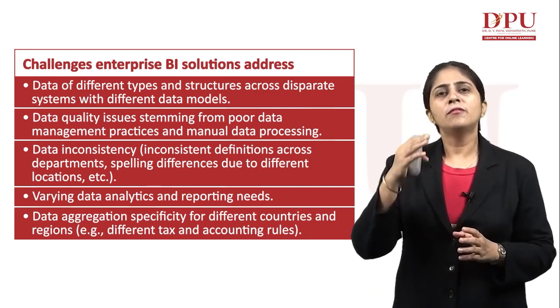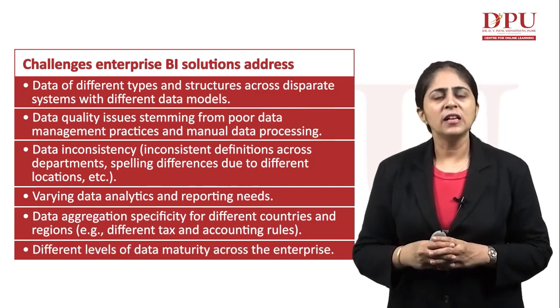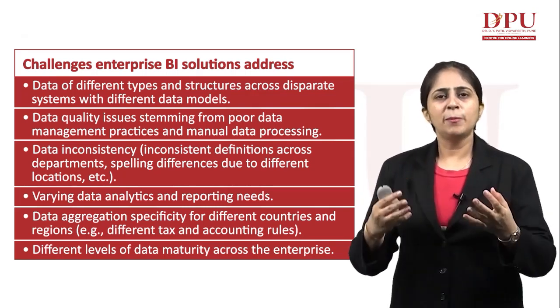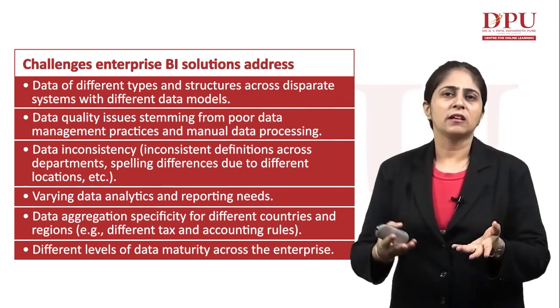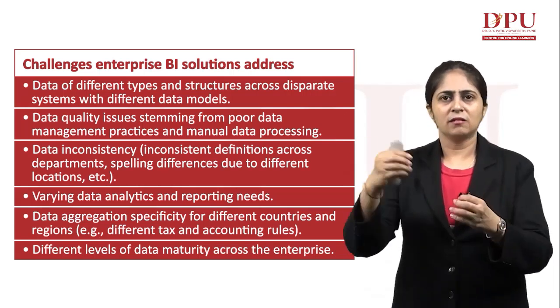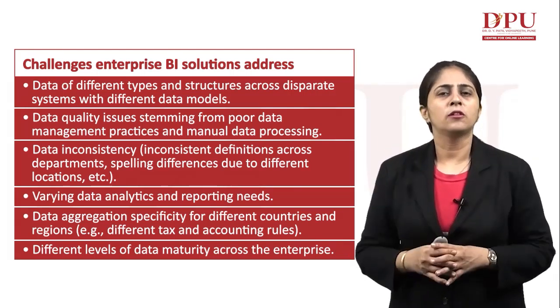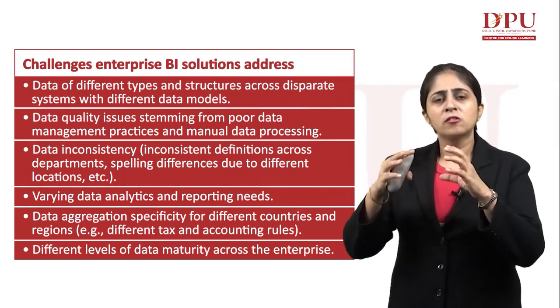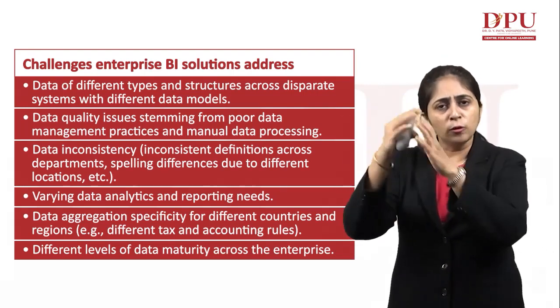Then we have different levels of data maturity across the enterprise. At some point, there may be people who are just storing the raw data; simply, they are taking the data and inputting it into the computer memory. At some other level, there are people who are storing the data in a different, unified format.